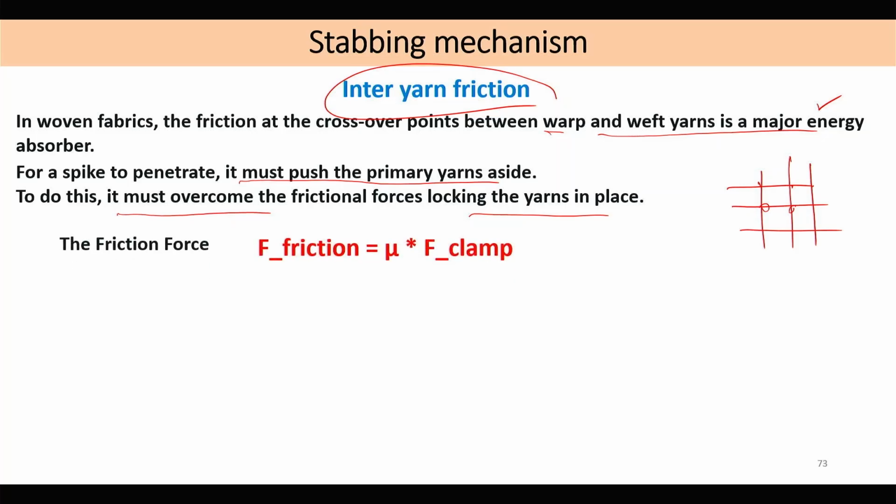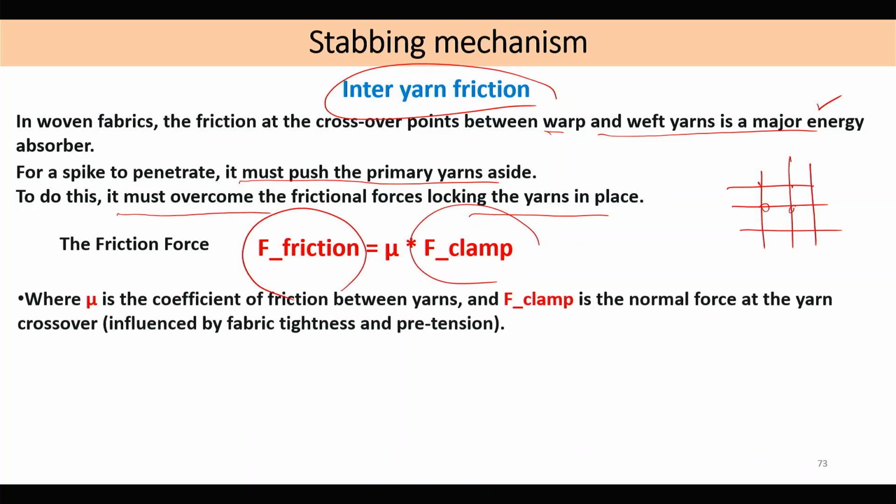The frictional force F friction is equal to mu F clamp, where mu is the coefficient of friction between yarns and F clamp is the normal force at the yarn crossover.